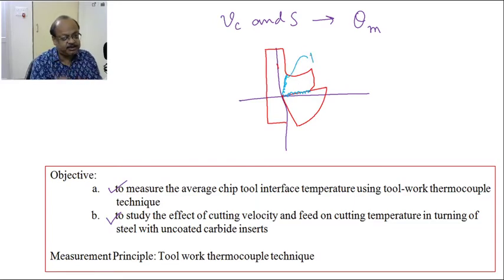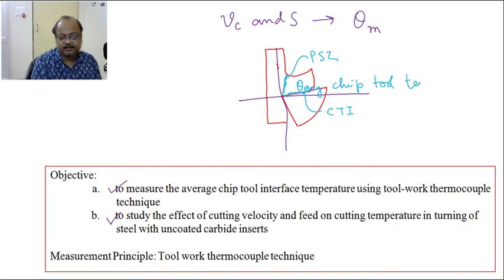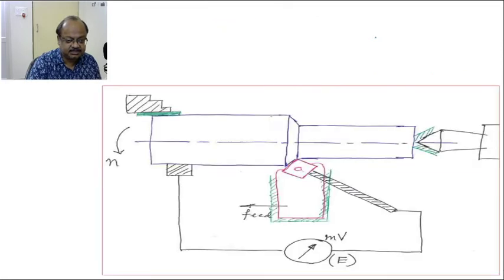So this is the primary shear zone, and this is the chip tool interface. At this interface a temperature would evolve, the average chip tool temperature, which is typically called the machining temperature. This is what we are going to measure. We are going to learn how to measure it and study the effect of VC and S on this temperature. That is our task.